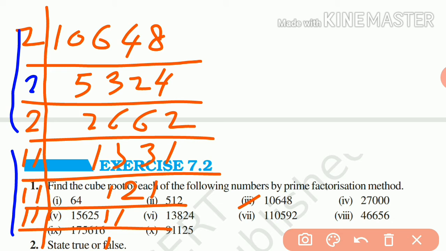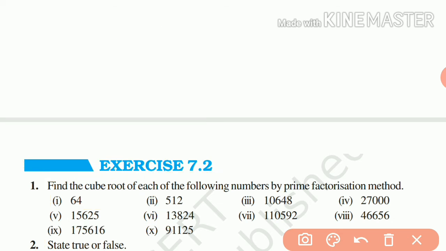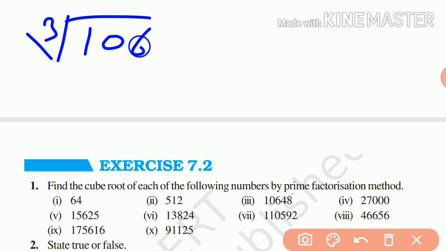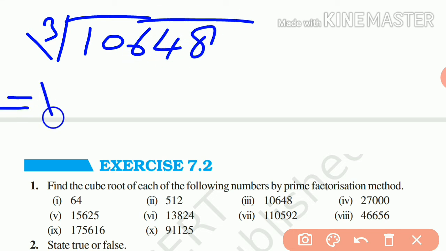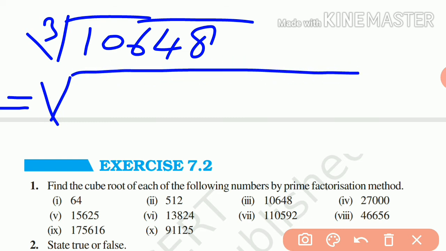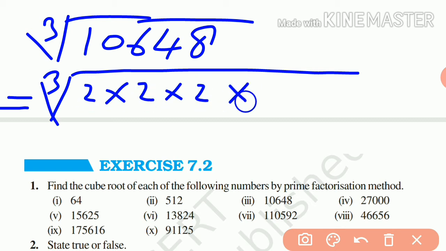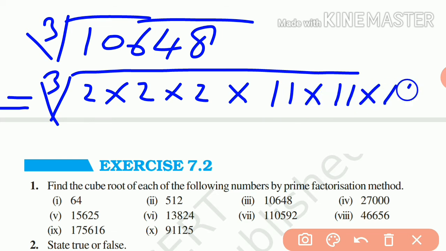So we will write cube root of 10648 equal to the cube root of its prime factors, that is 3 times 2, 2 into 2 into 2, and 3 times 11, 11 into 11 into 11.